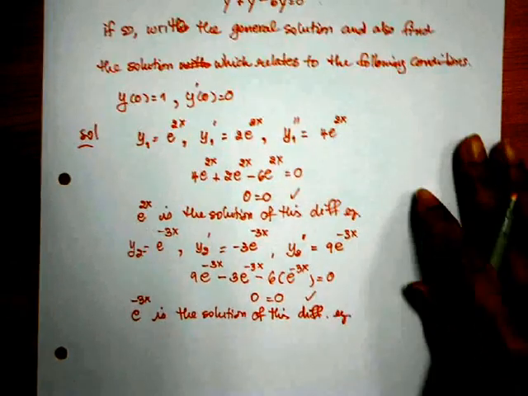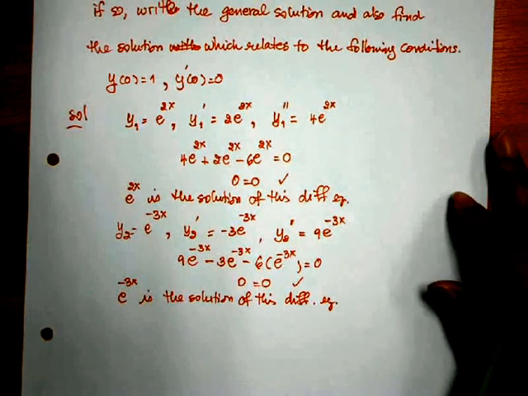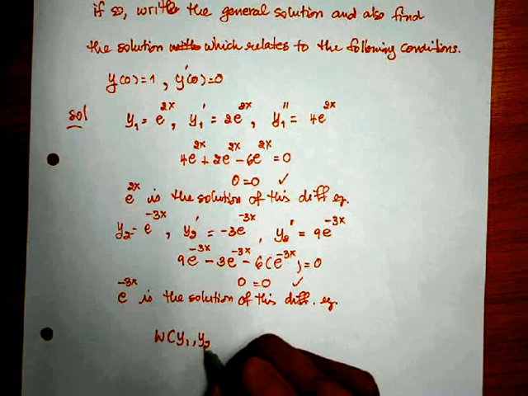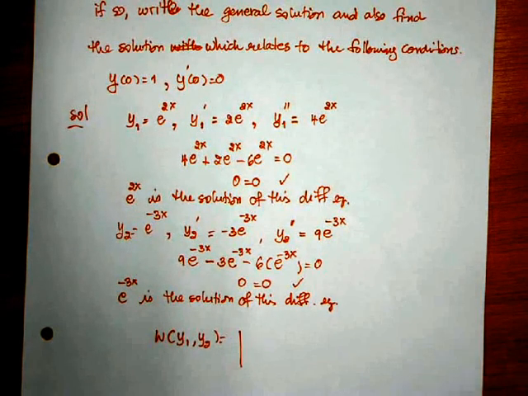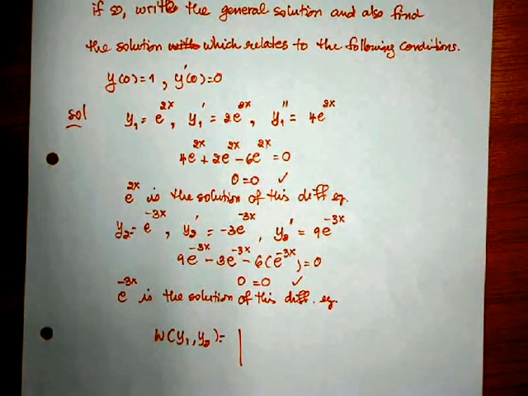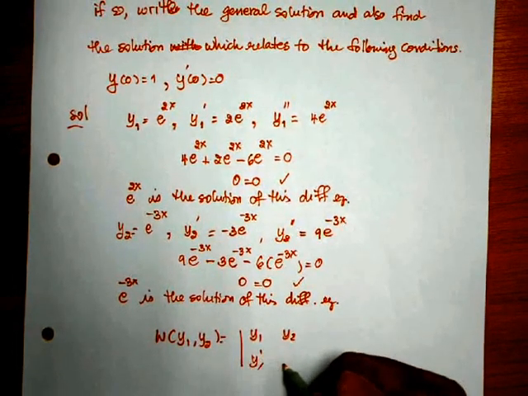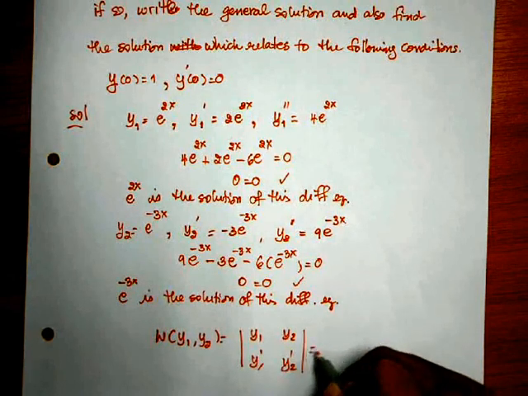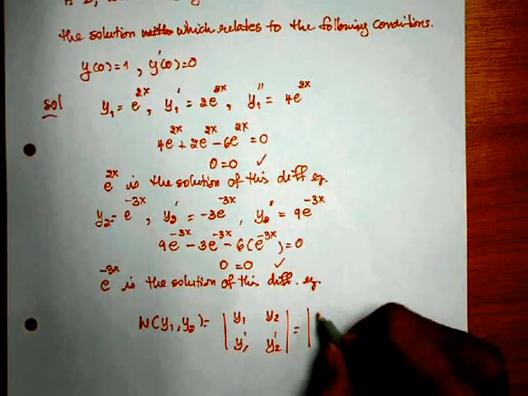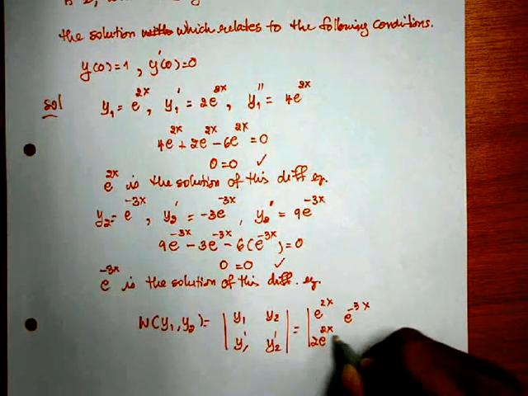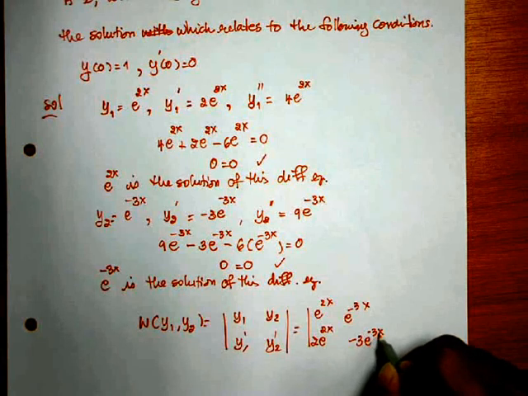Now we are going to prove they are linearly independent. We take the Wronskian of y1 and y2, because we have only two functions. When we set up the Wronskian, we would get a 2 by 2 matrix. Okay.